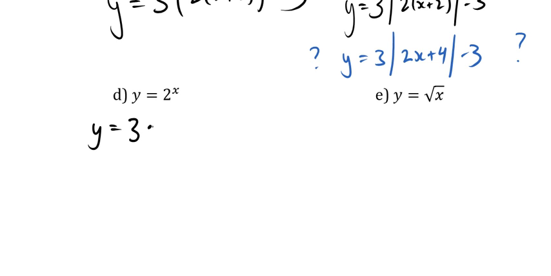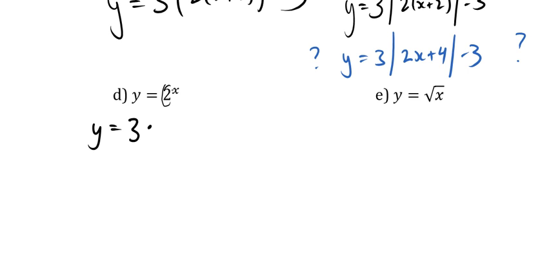Three times the exponential function is a bit of a different one, because people don't realize that the base is part of the parent function. It's not a transformation. If I change that to a 3, that's not a transformation; that's changed the parent function.